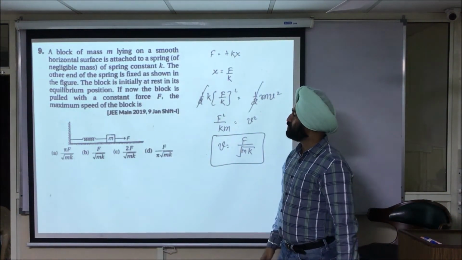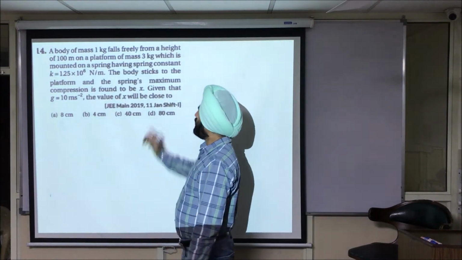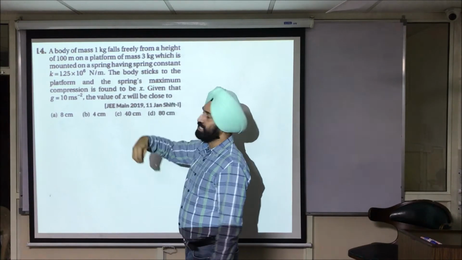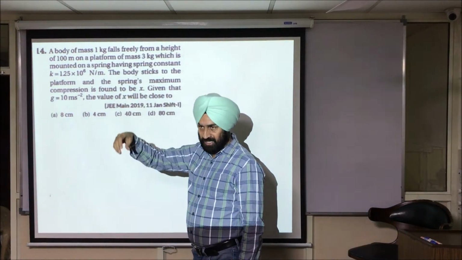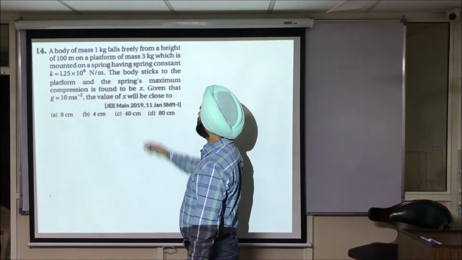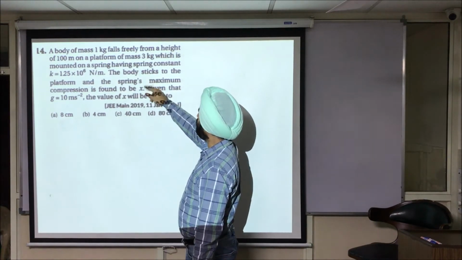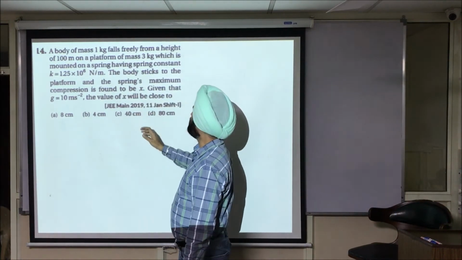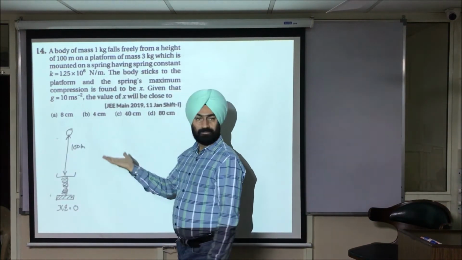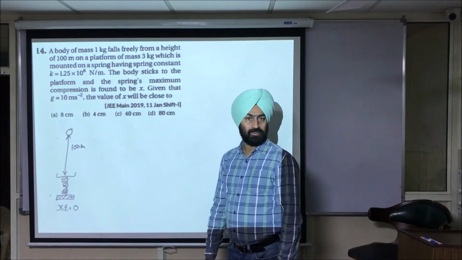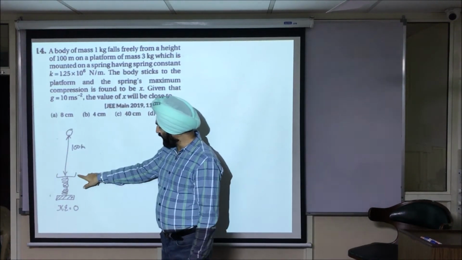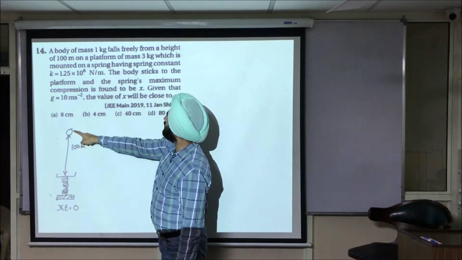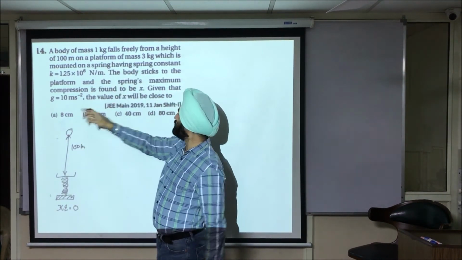Another question based on spring. A body of mass 1 kg falls freely from a height of 100 meter on a platform of mass 3 kg mounted on a spring, this way. The platform has a mass of 3 kg and the object has a mass of 1 kg.